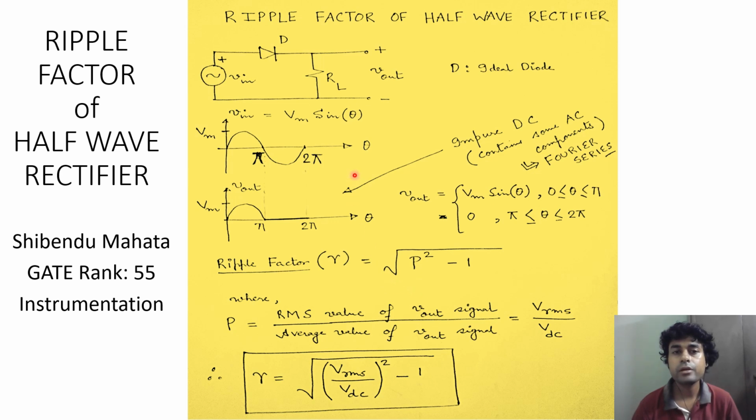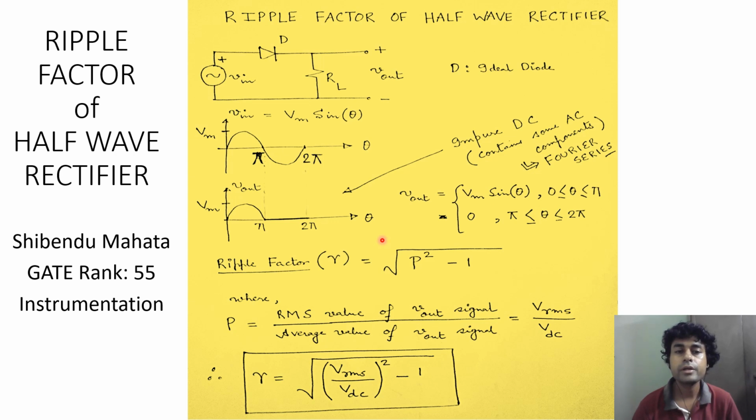Because remember that the objective of a rectifier is to convert AC to DC. So ideally we want the output waveform to have zero AC components and be purely DC. Unfortunately, because this is not a pure DC, we have to come up with a metric which can give us a measure of the amount of RMS component relative to the average component.